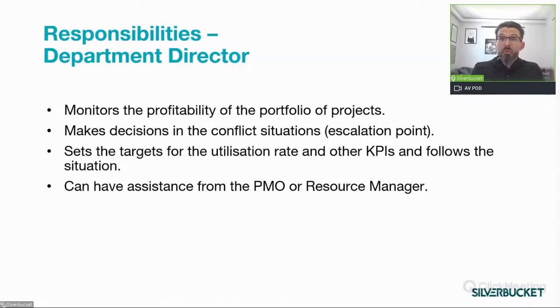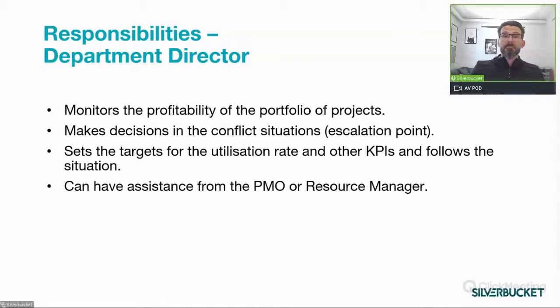They are also setting targets and following certain KPIs of the department that they are in charge of. The department directors can have assistance from their project management office or from resource managers if such roles exist in the organization.